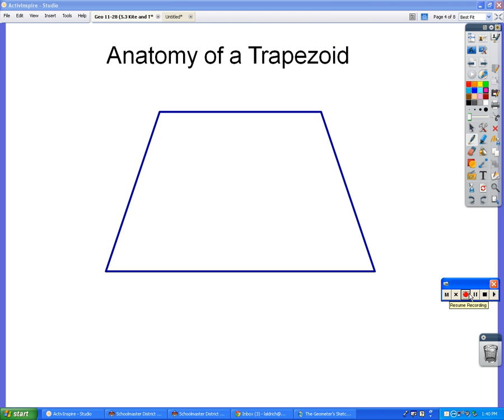All right, same game now with a trapezoid. So a trapezoid has some different things going on with it. These sides right here that are parallel to each other are called the bases. Okay?